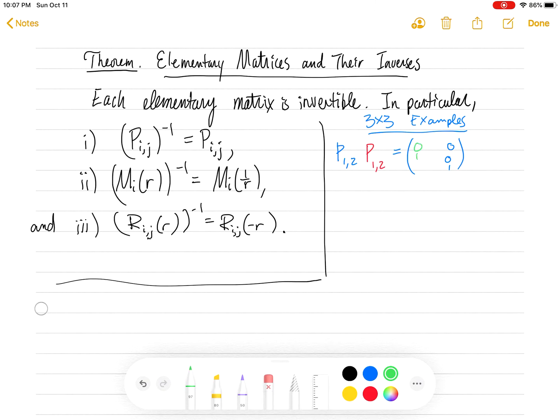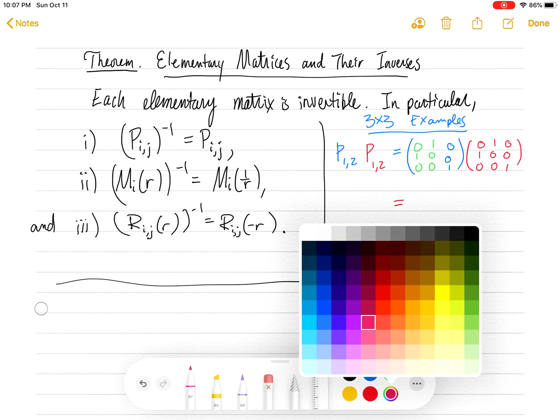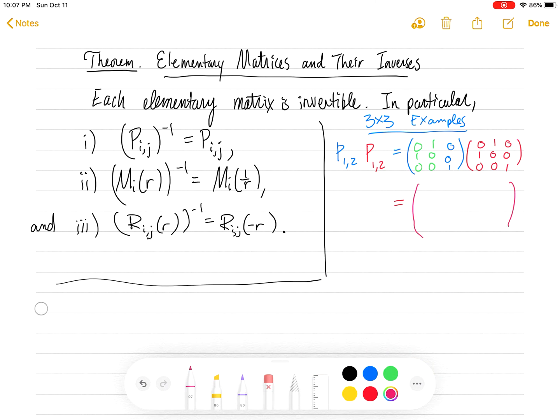You start off with the identity and you swap the first and the second columns. So you have 0, 1, 0, 1, 0, 0, 0, 0, 1, and then you have that again. Let's multiply these and see if we do, in fact, get the identity matrix I3.